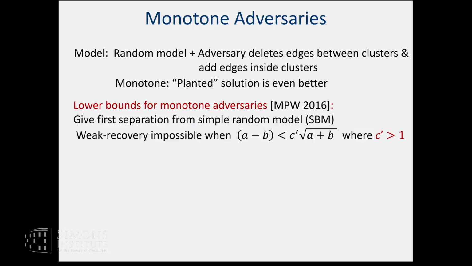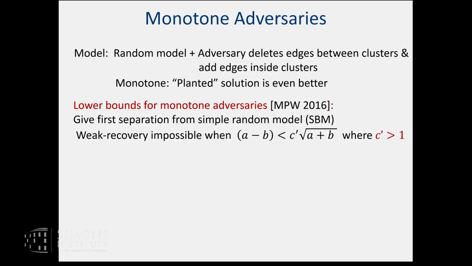They showed that you can construct a monotone adversary such that the threshold under which weak recovery is possible becomes worse. So while intuitively it seems like monotone adversaries should only help you, there are settings where it actually becomes worse.